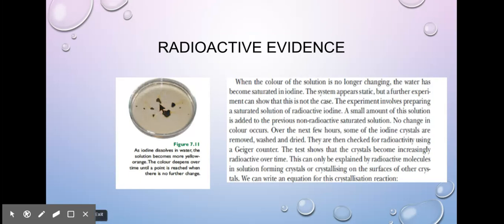You're still getting something to dissolve at the same rate as it is reforming the crystal. So that when you take this fresh, nice piece of iodine out of here, pat it dry, and check it with a Geiger counter, you find that you're actually getting radioactivity inside the crystal where there was none to begin with.